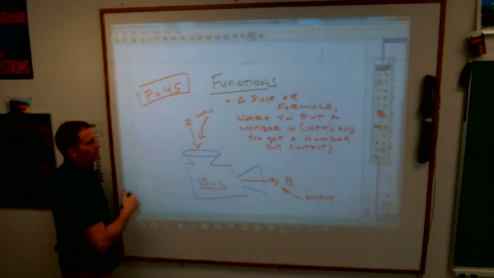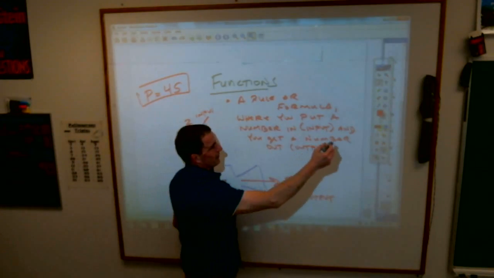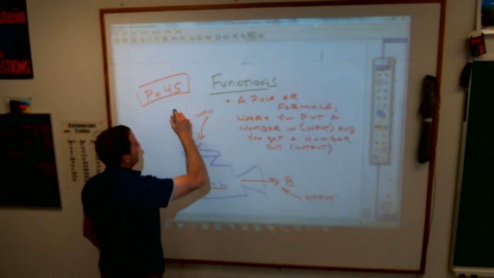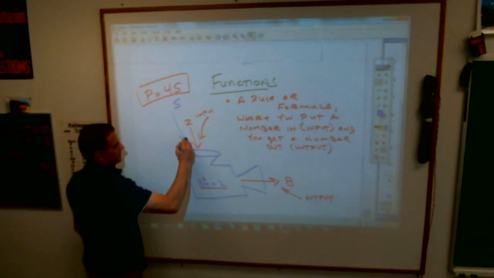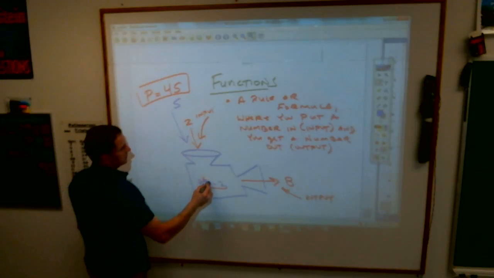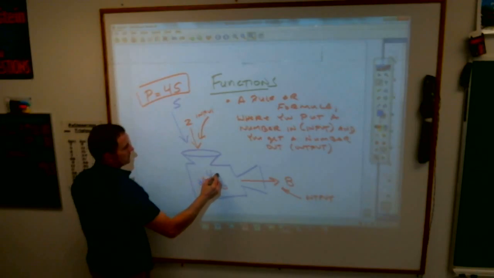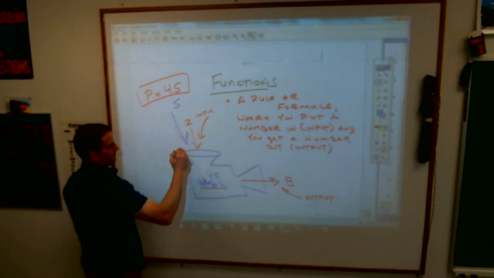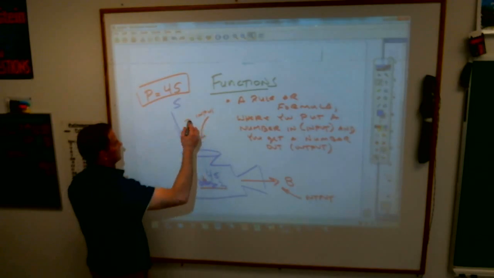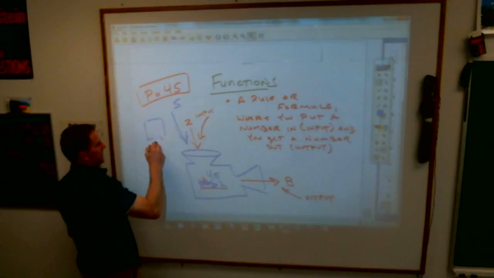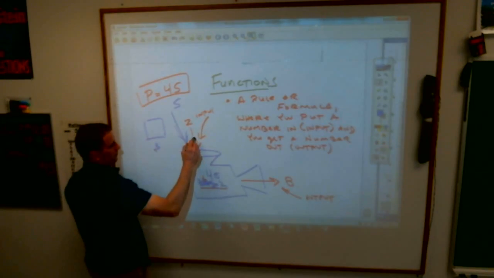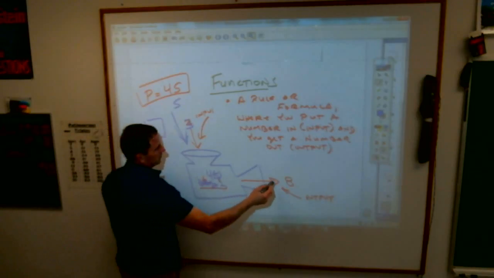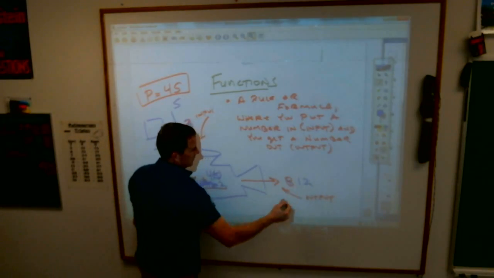So the letter S is going to be the input number. I'll change the formula to 4 times S. You put S in there. Let's say your square has a side of 3. You put 3 in, multiply 3 times 4, and your output number is 12.